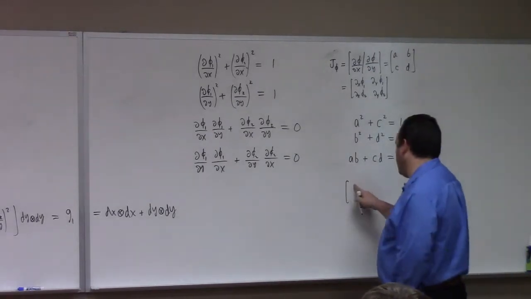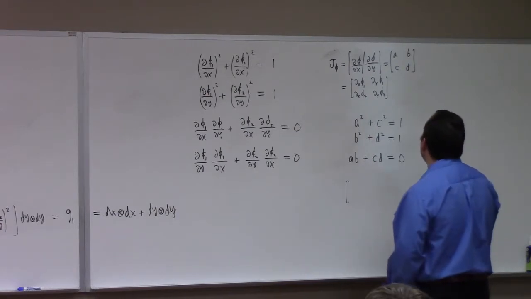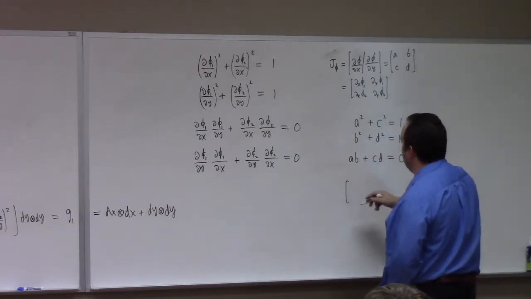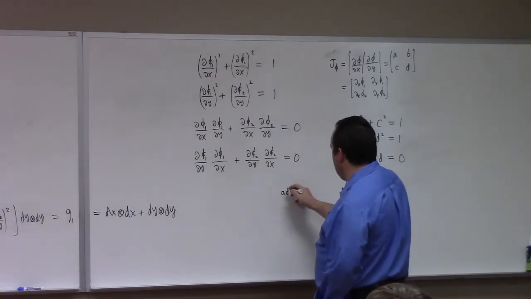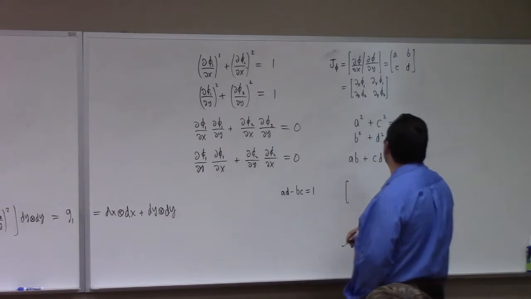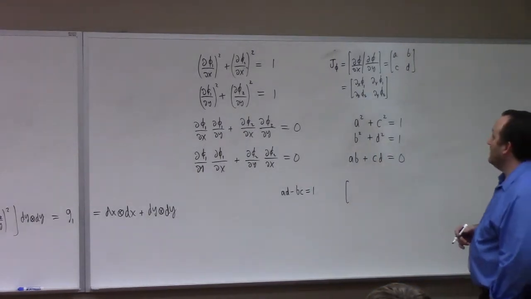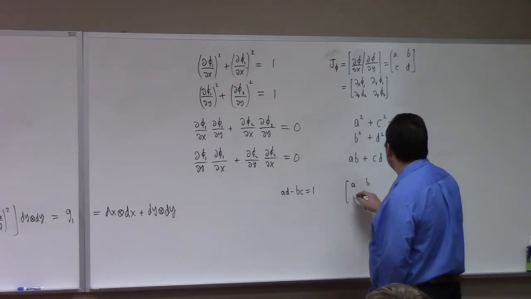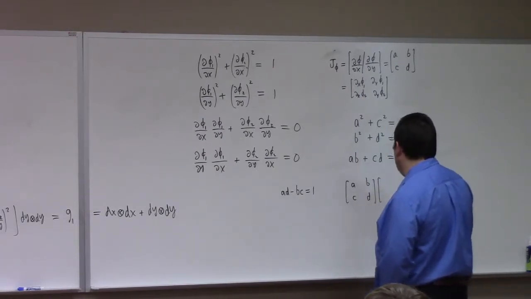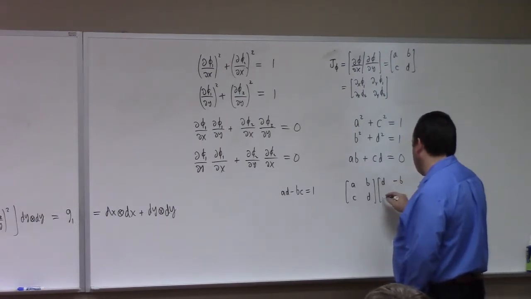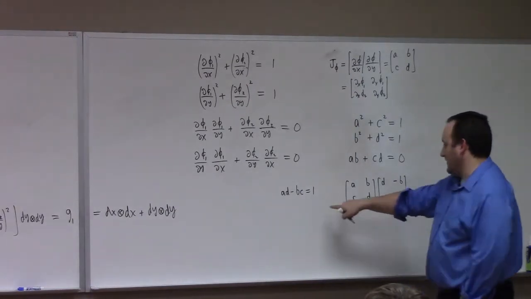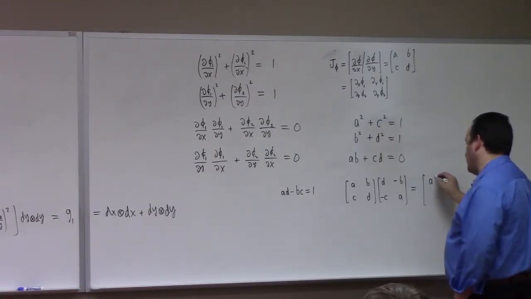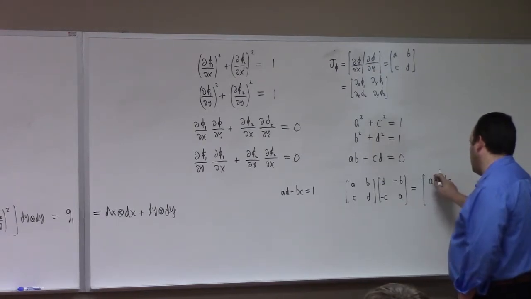Suppose, just to show you what is a solution, if we have AD minus BC equals 1, if the determinant was 1, then if we have A, B, C, D and multiply by D, minus B, minus C, A, this would be the inverse given this condition, and that would give us AD minus BC.